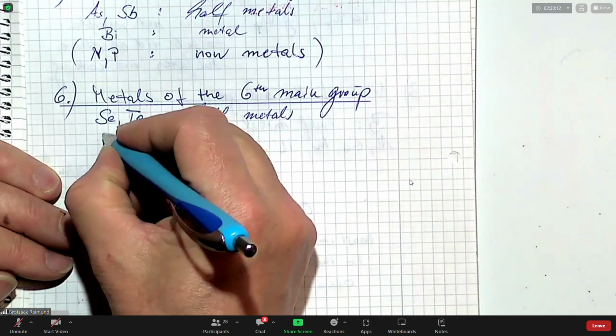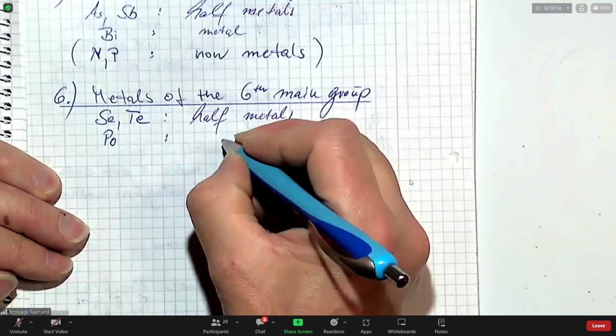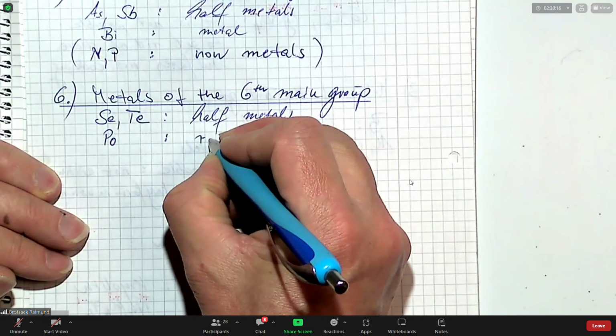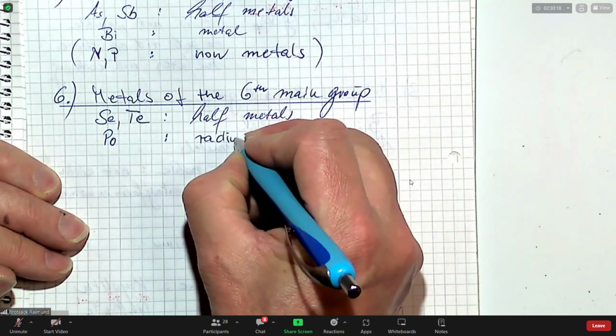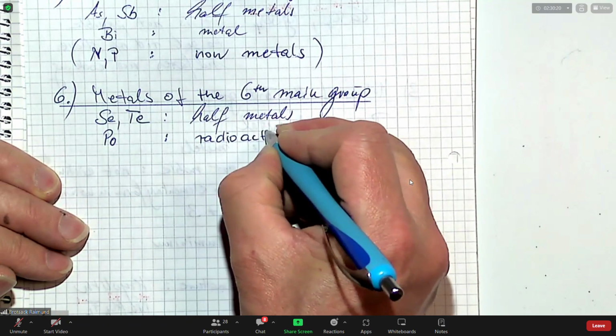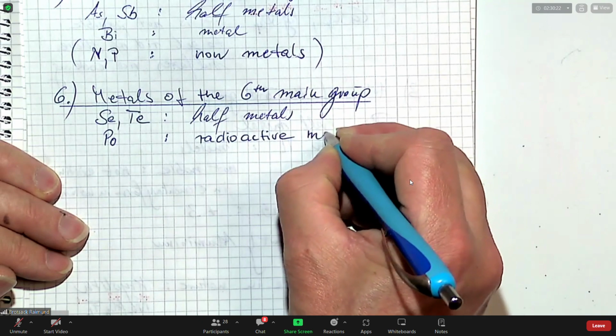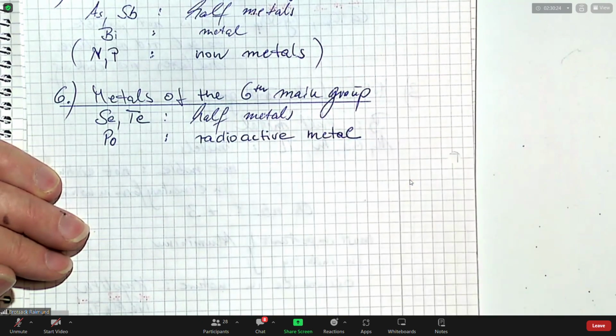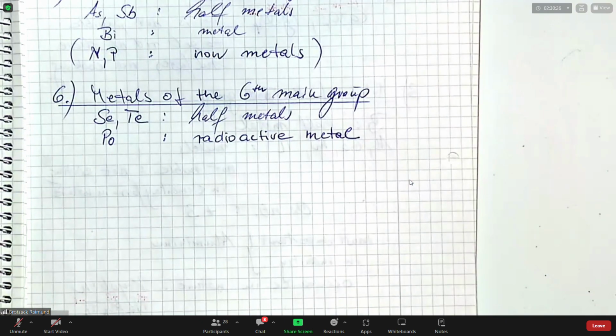And polonium is a metal, but it's radioactive.